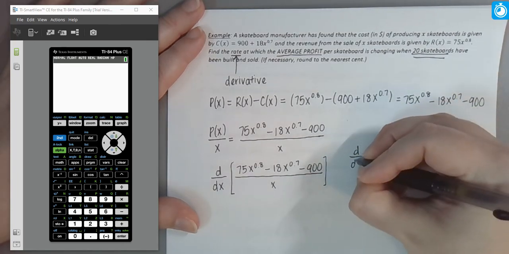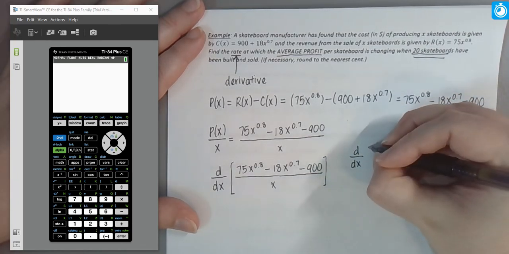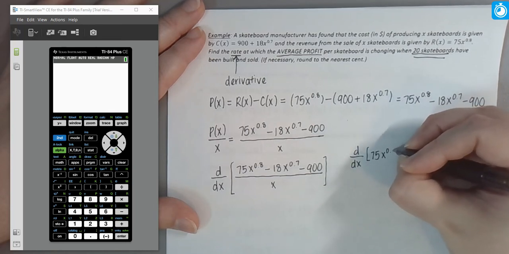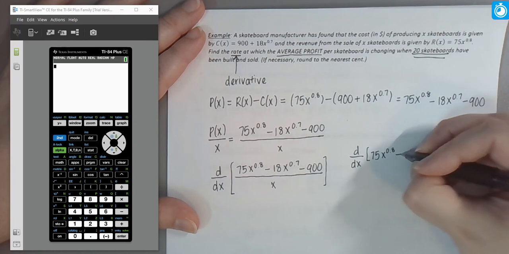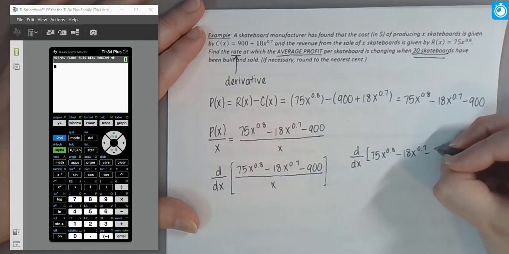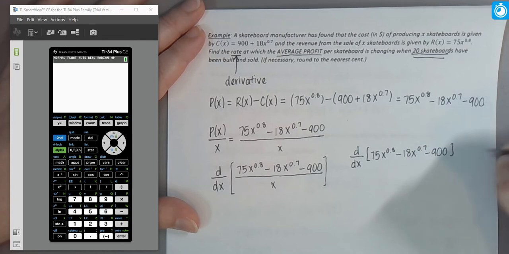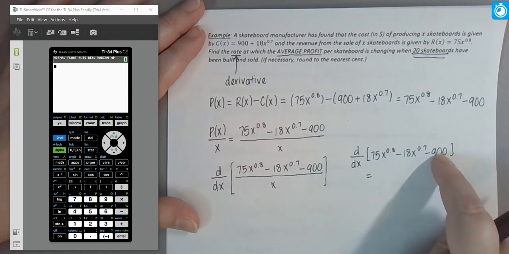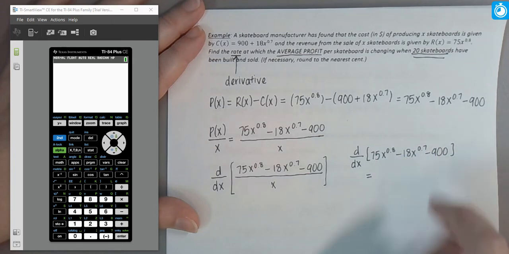So the derivative with respect to x of our upper function, which is 75 times x to the 0.8 minus 18 times x to the 0.7 minus 900. Okay, what's that going to be? So we can go term by term. Each term is subtracted. And then we're going to use the power rule for each of these.